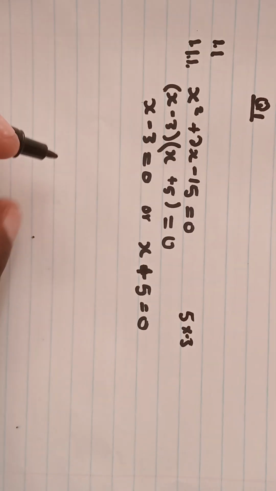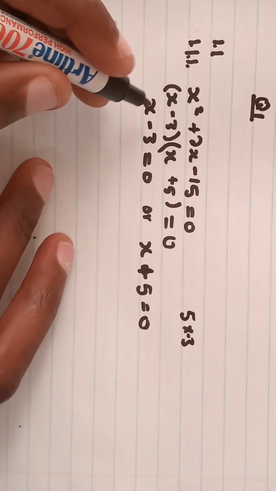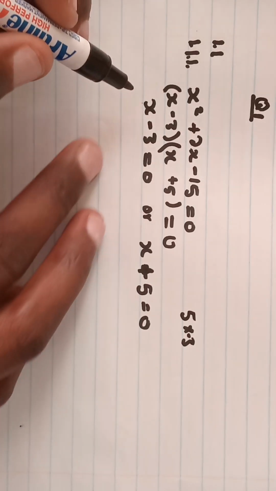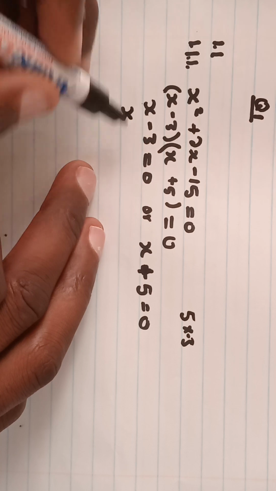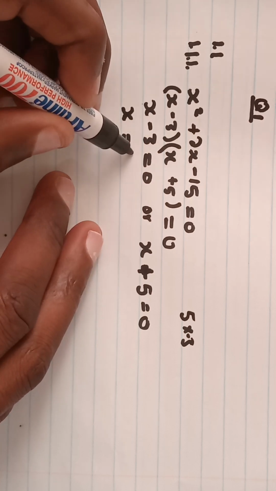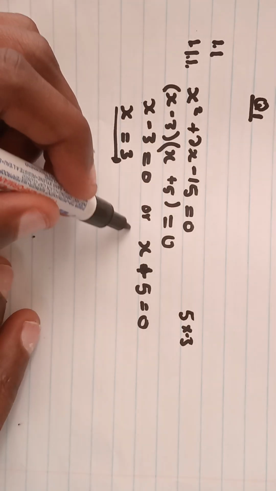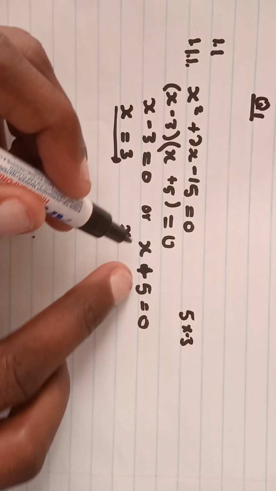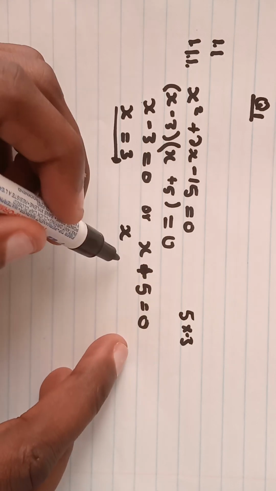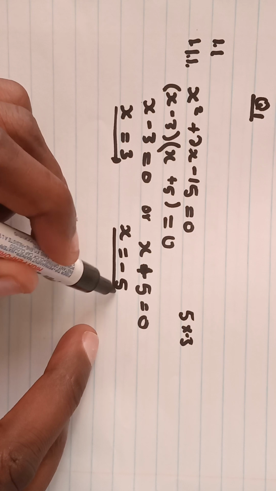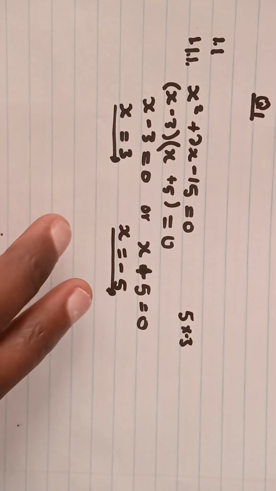Therefore, to get the x values, we just transpose this value to the other side so that we are left with only x on the left side. x is equal to positive 3. That's our first critical value. Then x plus 5: we transpose this positive 5 and it becomes negative 5 on the other side. So that is our answer for this one.